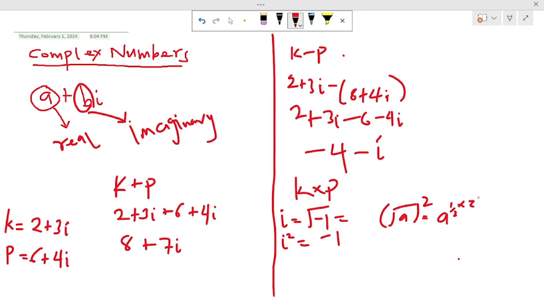Then this 2 will cancel this 2, leaving just a. So i squared will be equal to negative 1.